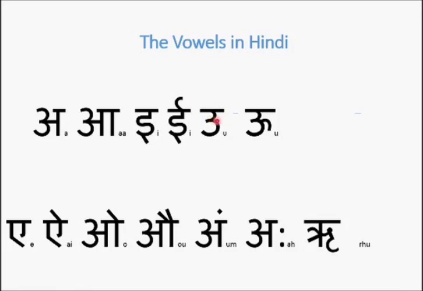That becomes your simple short U. To make it a Dirgha U, you have to add the arc, but this time on the right side of the letter 3. That becomes your U. A, I, E, U, U.